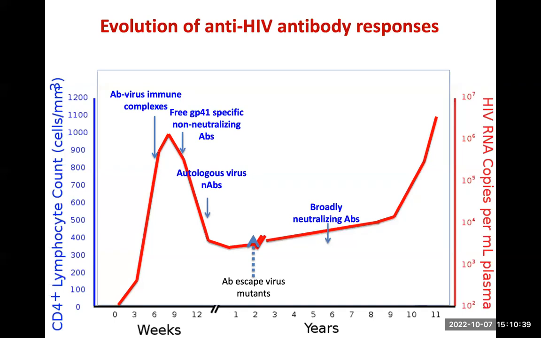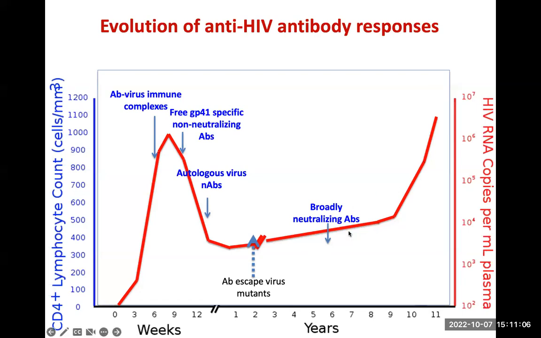Because if it mutates those regions, it becomes less fit. Those are what we call conserved epitopes. So in a few people, you end up developing antibodies that target conserved epitopes, and those are the ones that will be called broadly neutralizing antibodies. And those are the antibodies that we want to induce with vaccines, because it means that if someone has broadly neutralizing antibodies before they get exposed to HIV, they are likely to block any HIV that they are getting exposed to.